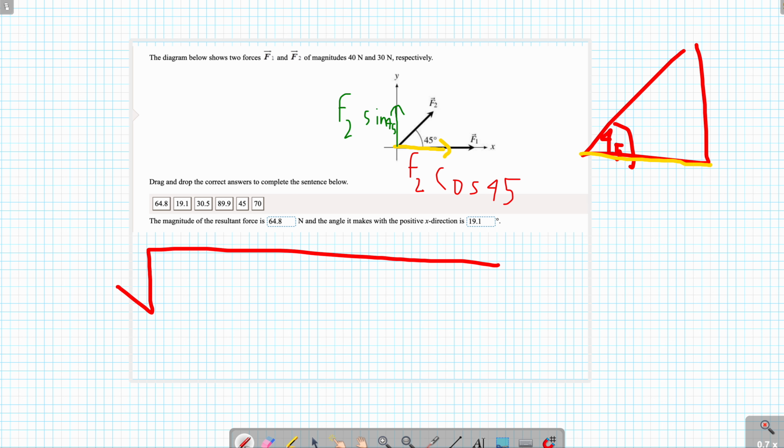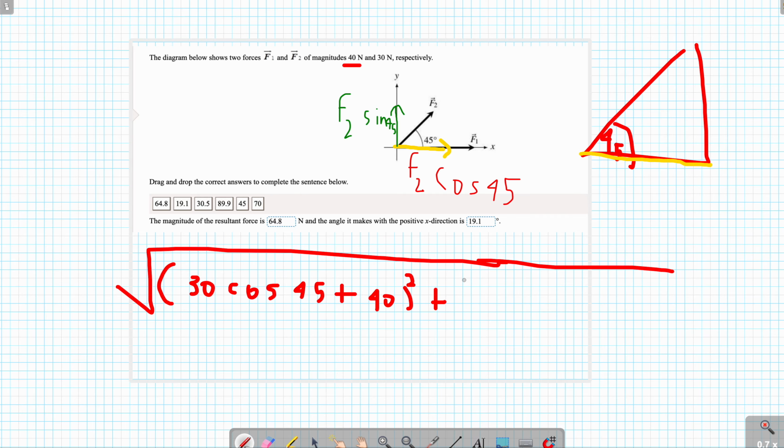We have F2 cosine 45, which is 30 cosine 45, plus, don't forget to add the 40 because it's also an x component by F1, all of that squared, plus 30 sine 45 squared. Plug that into the calculator.